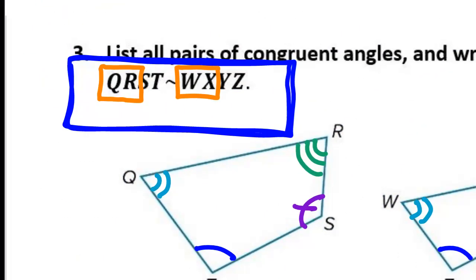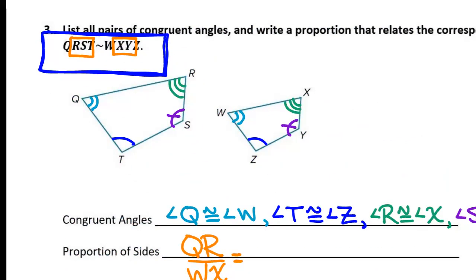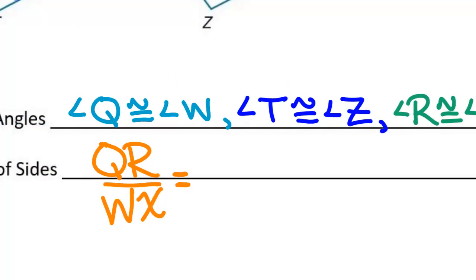And now I'm going to scoot that over one place. Instead of QR and WX, let's leave out the Q. And so then I would have middle 2 letters, which are what? RS and XY. So RS over XY.